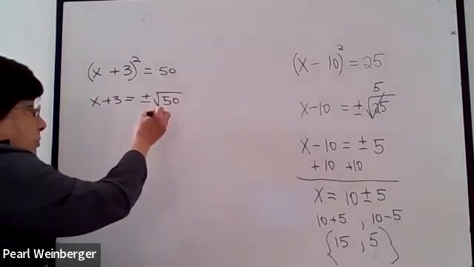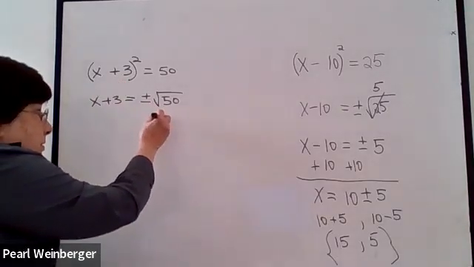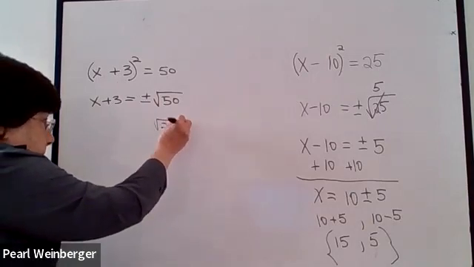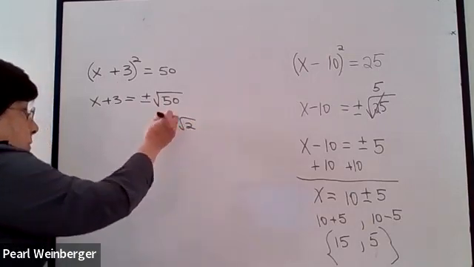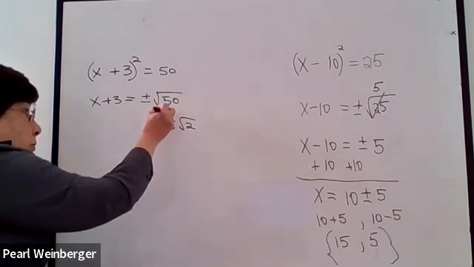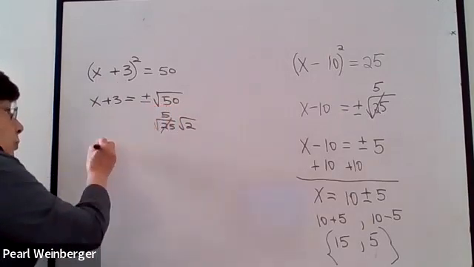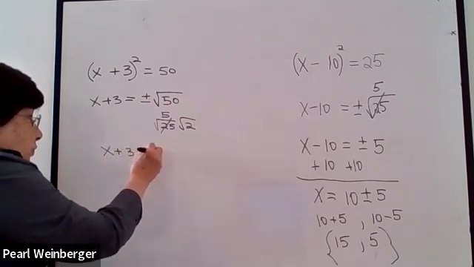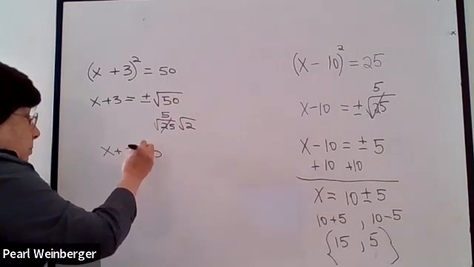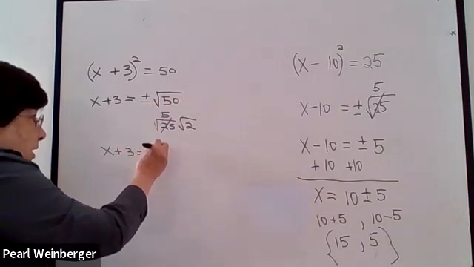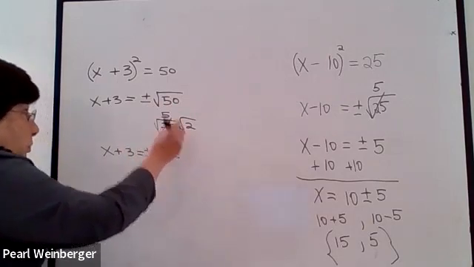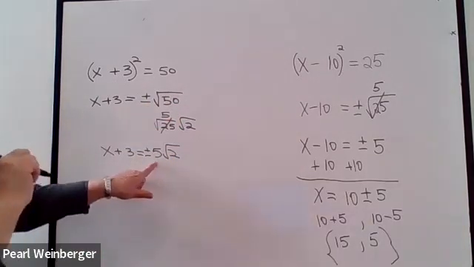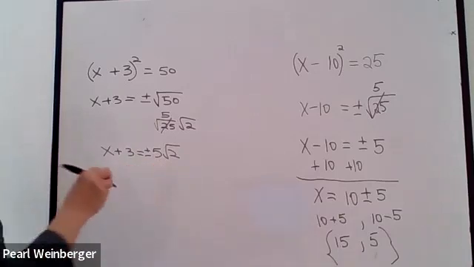But what we can do is simplify it into the square root of 25 and the square root of 2. And the square root of 25 we know is 5. So what we have here is x plus 3 equals plus or minus 5 times the square root of 2. I'm replacing the square root of 50 by its simplified version, 5 radical 2.